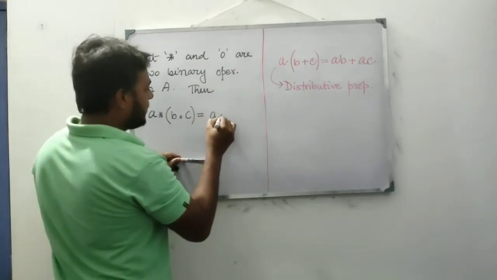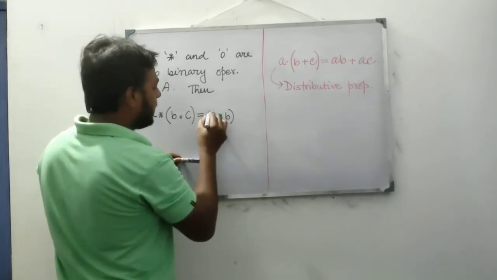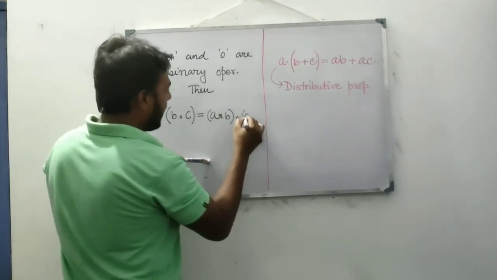So the first one will be A star B, the same way, compose A star C.